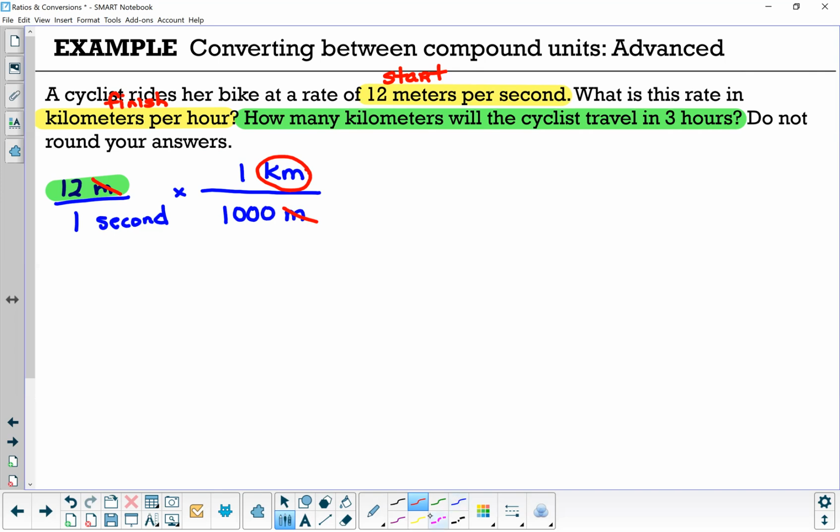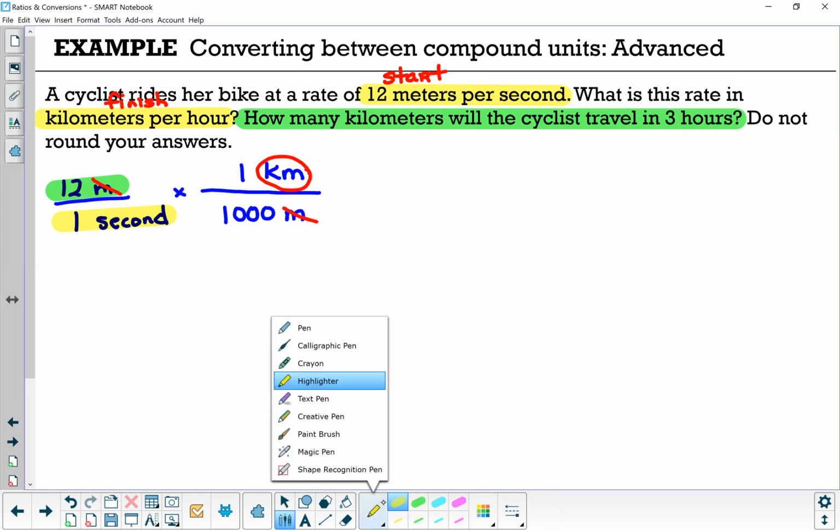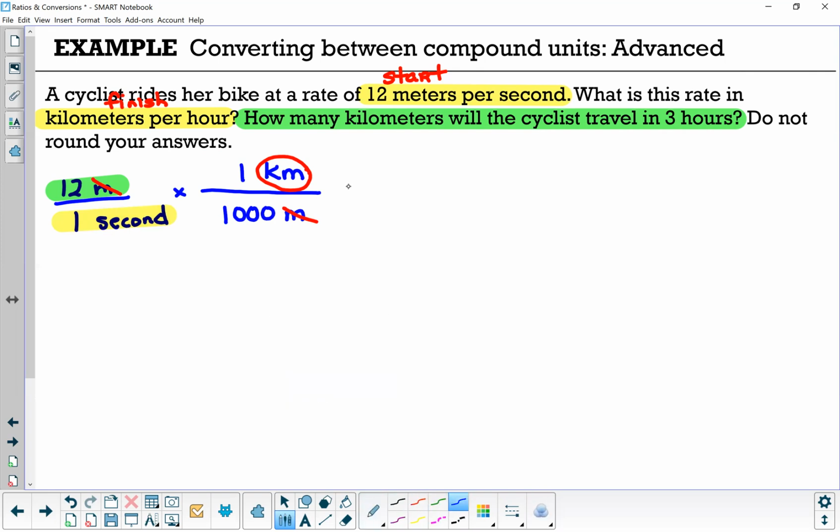Okay, so now I want to look at the denominator where we started for seconds. How can I now convert that seconds? I want to get it up to hours. Okay, so first I'm going to convert seconds to minute. So I know there's 60 seconds to 1 minute. So I'm going to put 60 seconds in the numerator, 1 minute in the denominator.